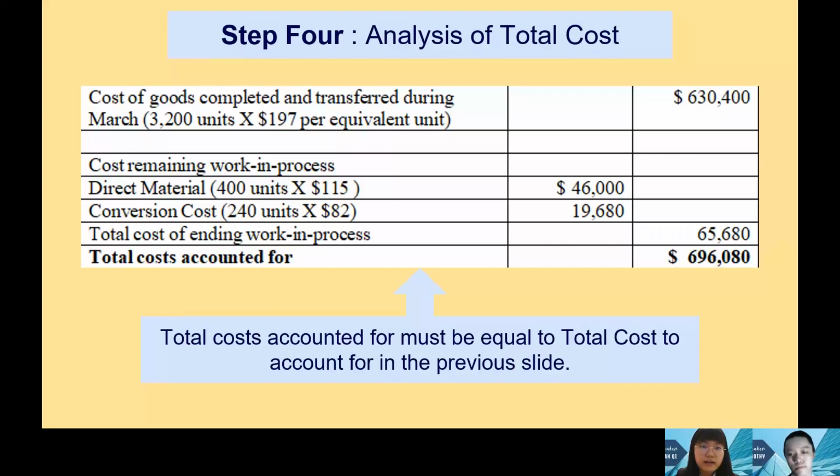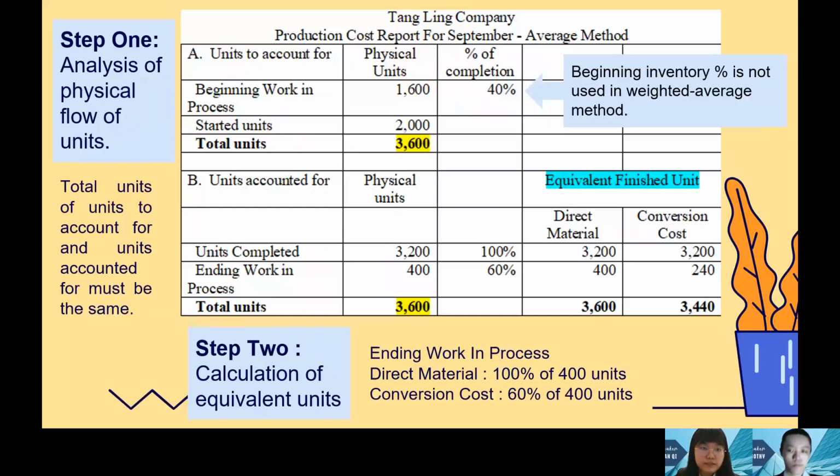Step 4. Analysis of total cost. For cost of goods completed and transferred during March, we will take 3,200 times 196, which is the equivalent unit cost. Where does 3,200 come from? From the first slide, unit completed for physical unit is 3,200.